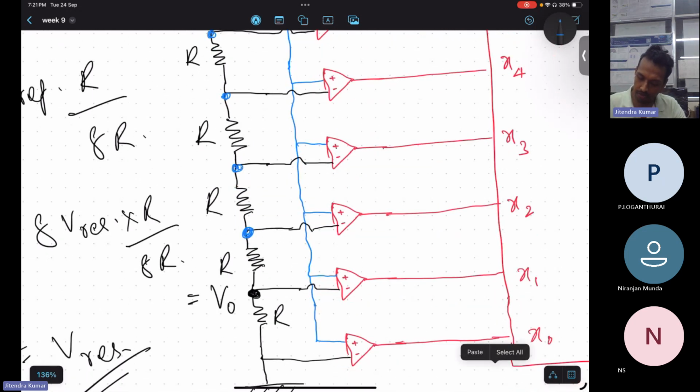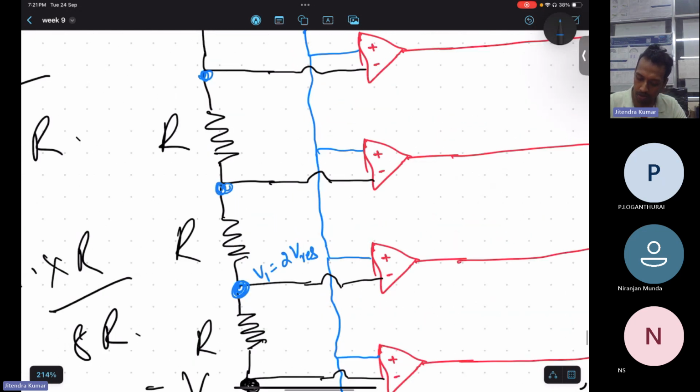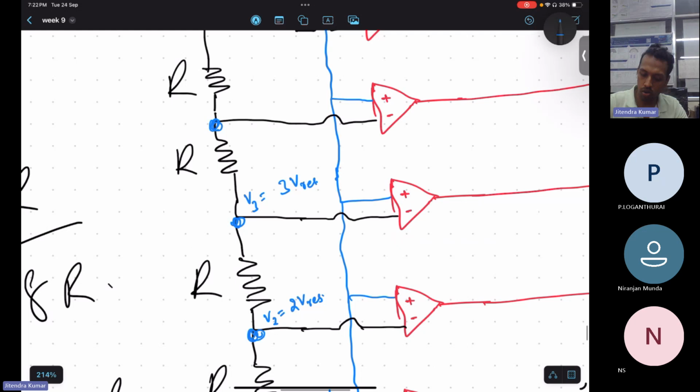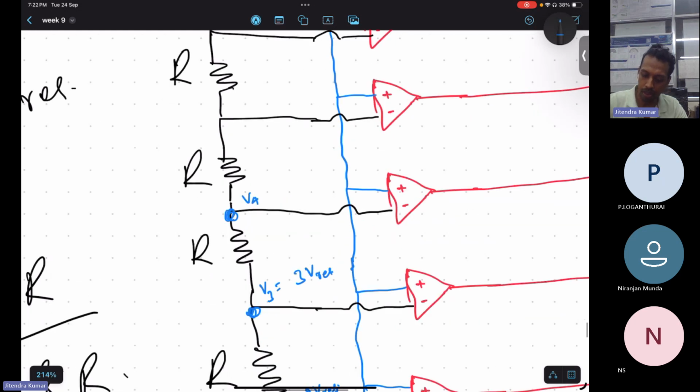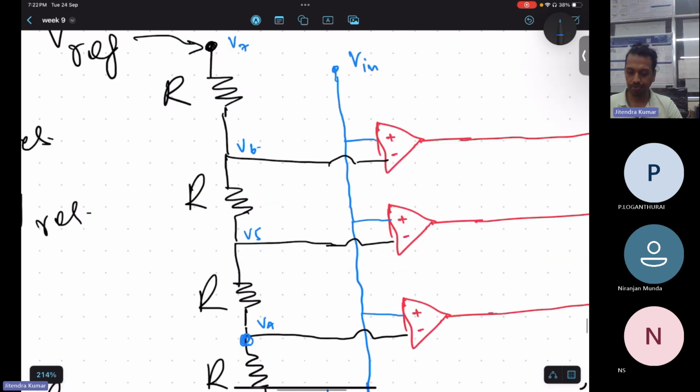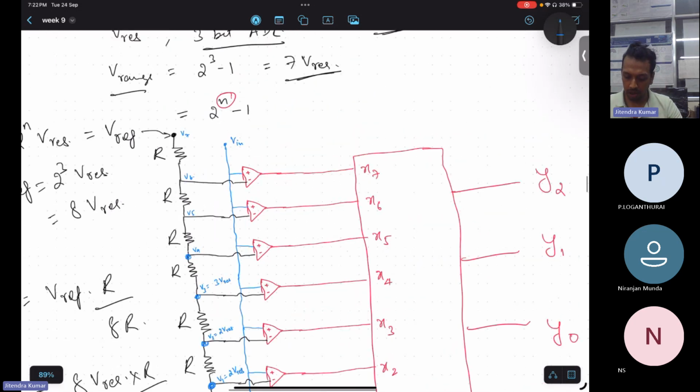Here V1, V1, 2 V resolution. Are you able to see this? I'm zooming it for you. Similarly V2 will be 2V, V3, 3 V resolution, and so on, V4, V5, and V7.